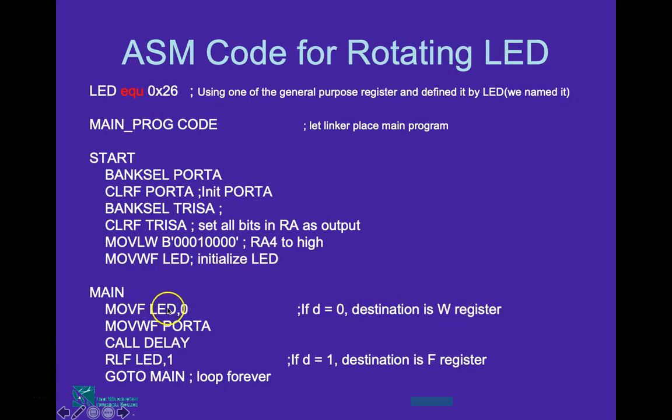So what you have in the LED, you have this literal number, and this literal number has been moved to the working register. Now the next step is move WF, which means move the data in the working register to the file register. So moving this data which is stored in the working register to the file register, which is here, to the port A, and then call for delay.